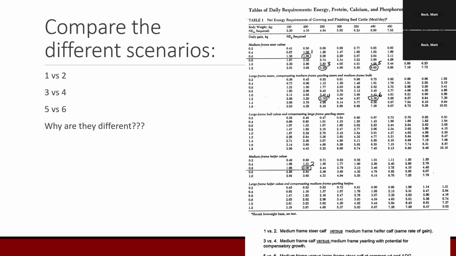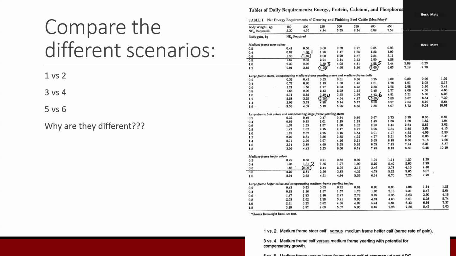Have you guys seen the sigmoidal growth curve? By sigmoidal, it looks like an S, right? You guys have seen this? So if this is a medium frame, a large frame may look like that. This is carcass composition of fat.